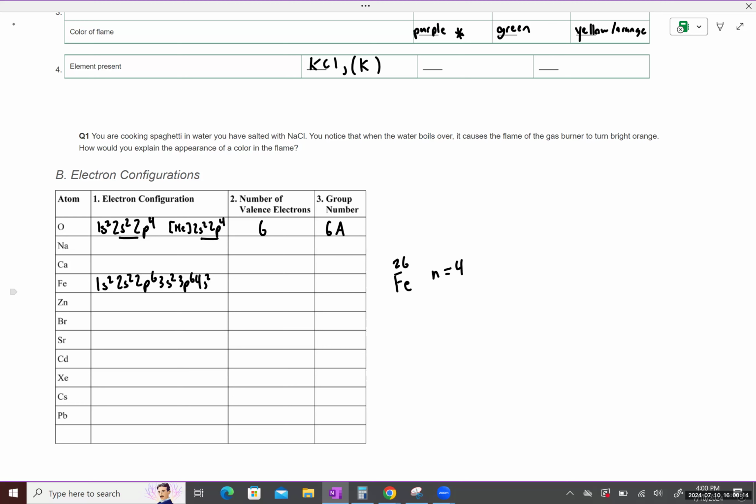We are 1, 2, 3, 4, 5, 6 spaces in the transition metal block. So this would be a 3d6 configuration. We could also, using abbreviated electron configurations, abbreviate these innermost electrons as an argon noble gas core, and then write out the remaining configuration as 4s2, 3d6.